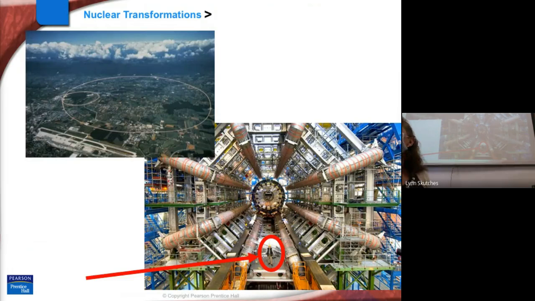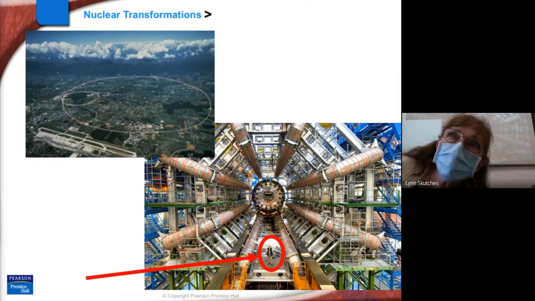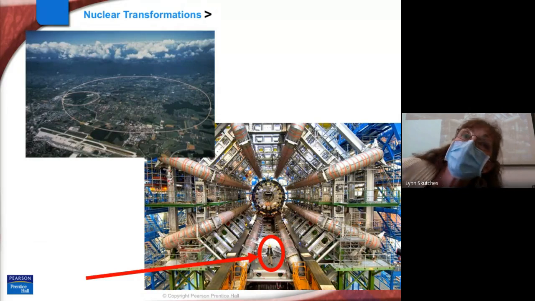And then this is the big baby that is doing all the research right now. This is CERN, and it's something in French. It's at the French-Swiss border. This is 17 miles in circumference. It is 300 meters below ground, deep below ground. It's 3 stories tall.